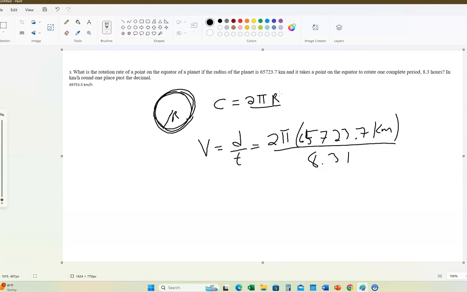Notice the answer will be in kilometers per hour, which is exactly what they require, one place past the decimal.